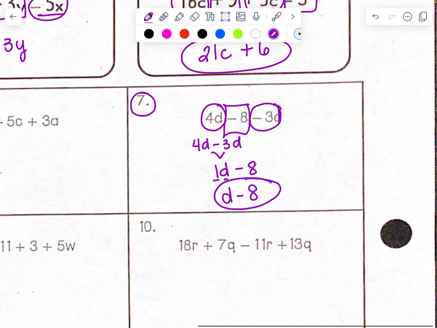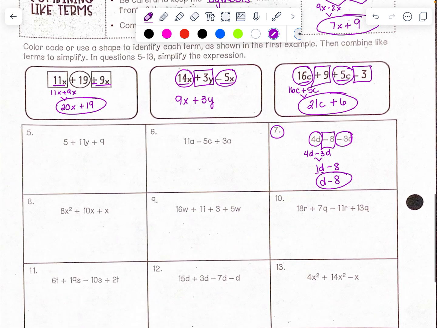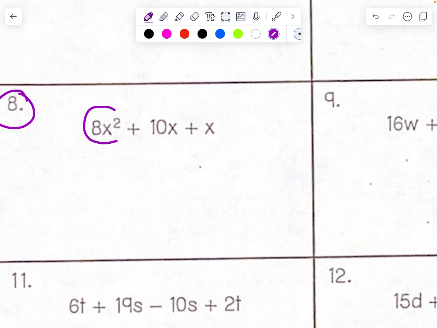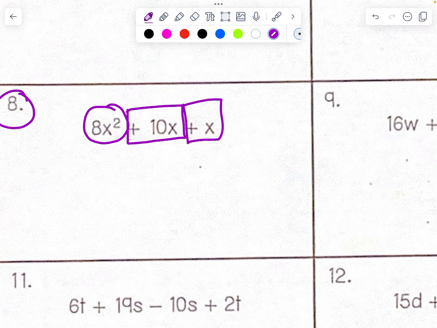Okay, you'll see that also in, let's look at number 8. All right, I've got 8x squared. There's nothing that is the same as that, so that's by itself. It has a square. Then I've got some x's here. These are like terms. There's only one x.